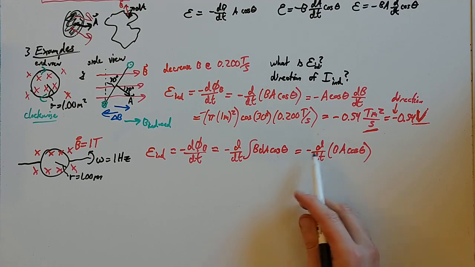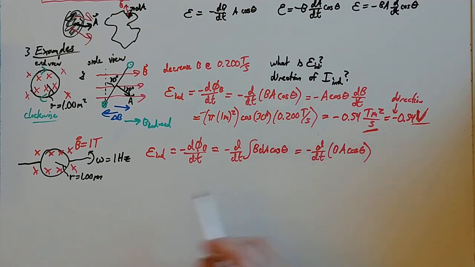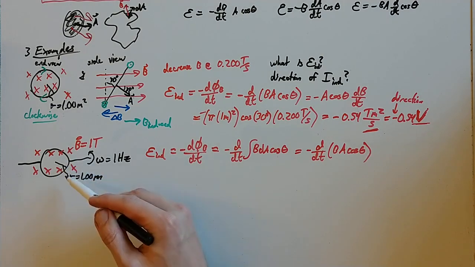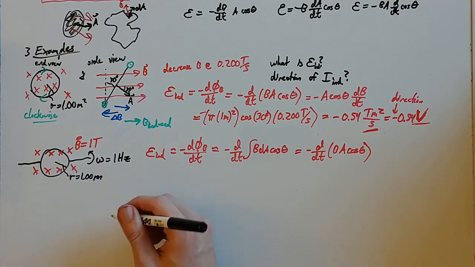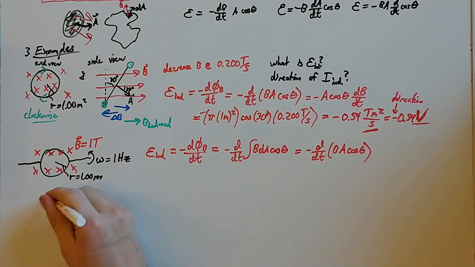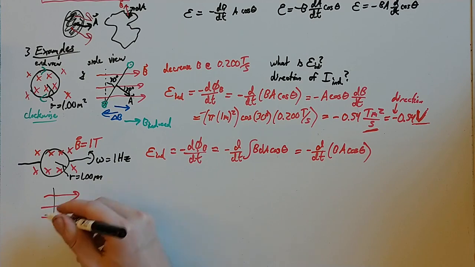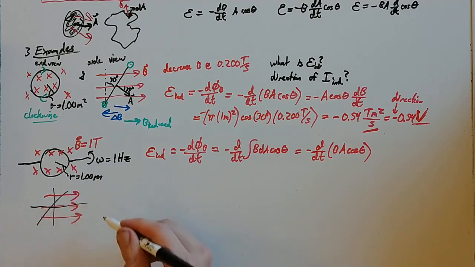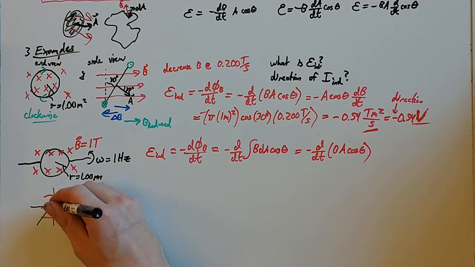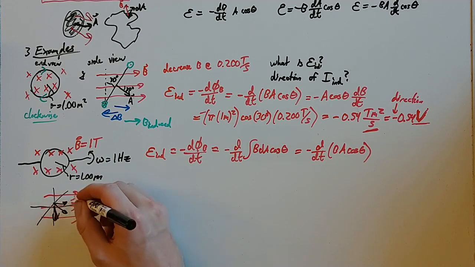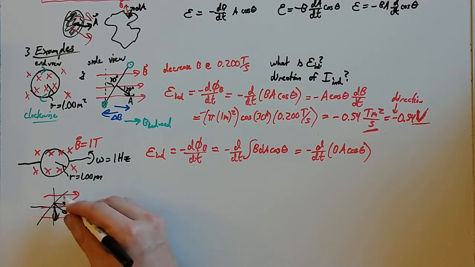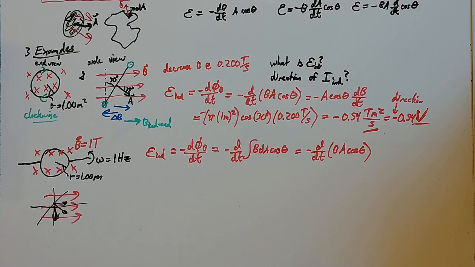So both of those come out, and the only thing that's changing now is the angle between the B field and the hoop. If we looked at this from the side, as this thing spins it starts like this, then it's like this, and then like this. That area vector is continuing to spin, so the angle between B and A is constantly changing.